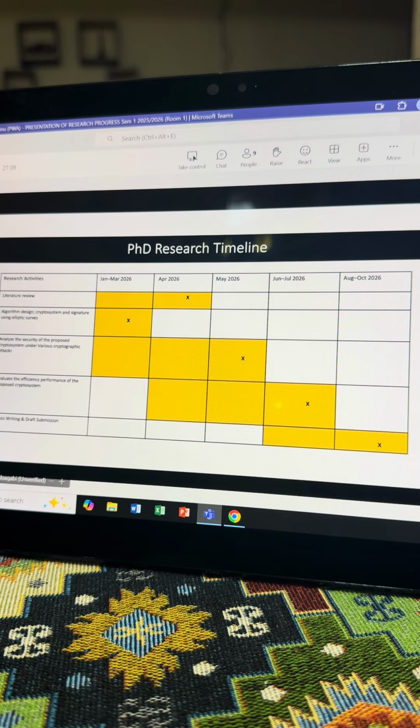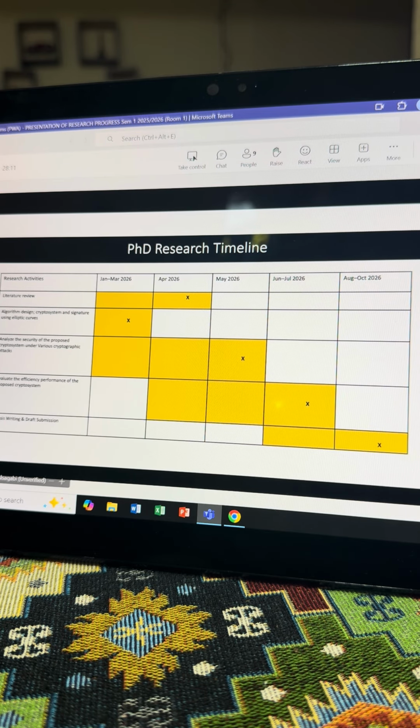So to conclude, this work proposes a new elliptic curve-based crypto system and digital signature scheme, designed specifically to balance strong formal security with practical efficiency. I am currently analyzing their security under standard notions like IND-CPA and EUF-CMA, as well as evaluating their computational performance.